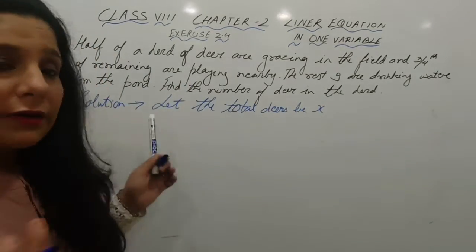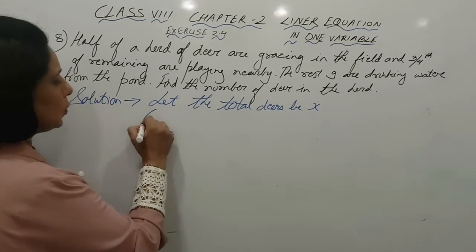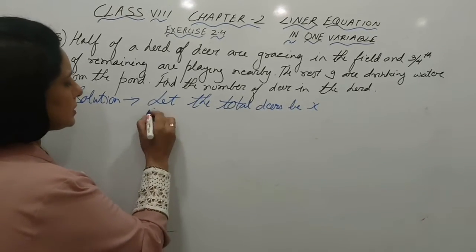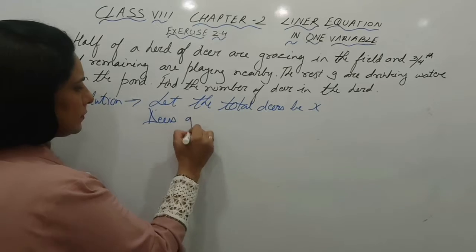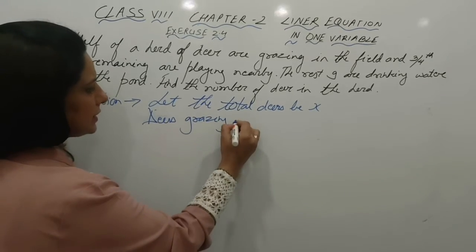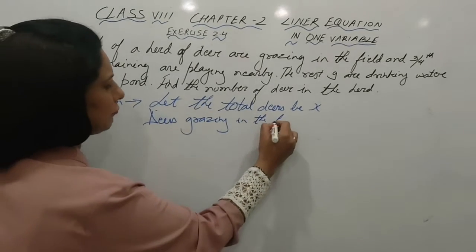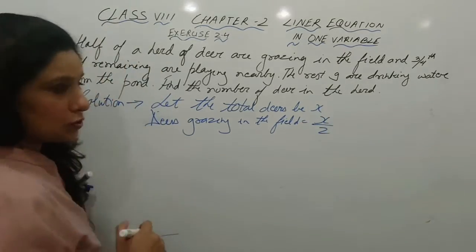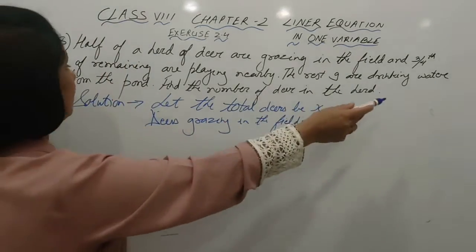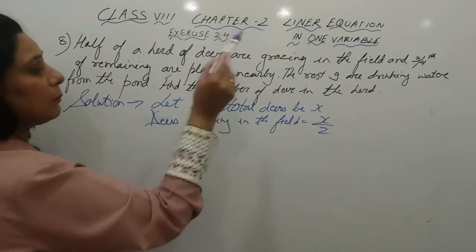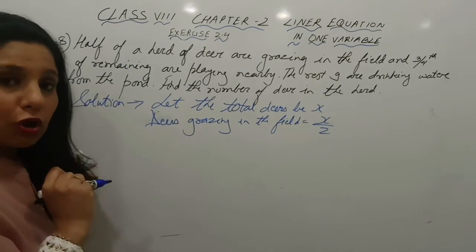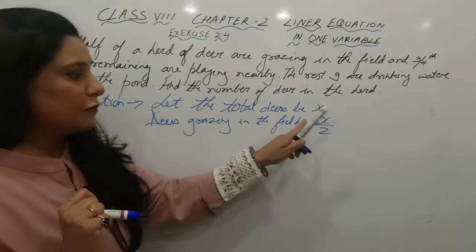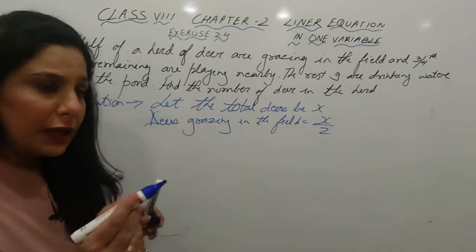Half of them are grazing in the field. So deers grazing in the field is equal to x upon 2. आगे बढ़ते हैं. 3/4 of remaining are playing nearby. 3/4 of remaining. अगर half of them were grazing तो remaining कितनी हो गई?